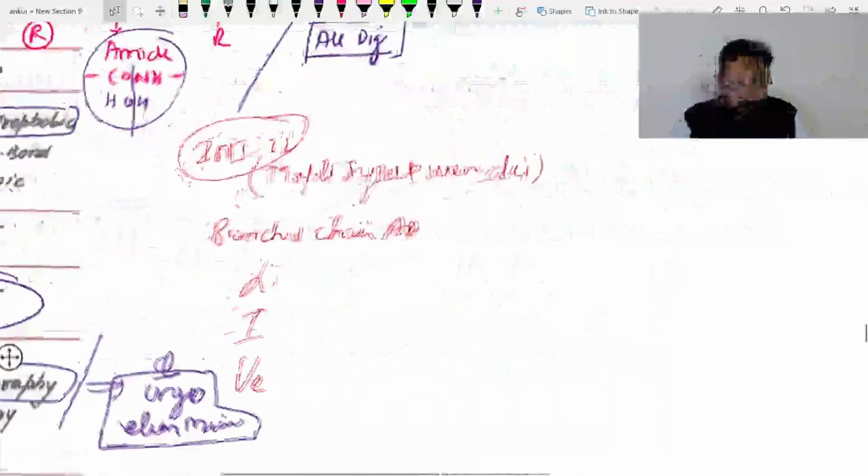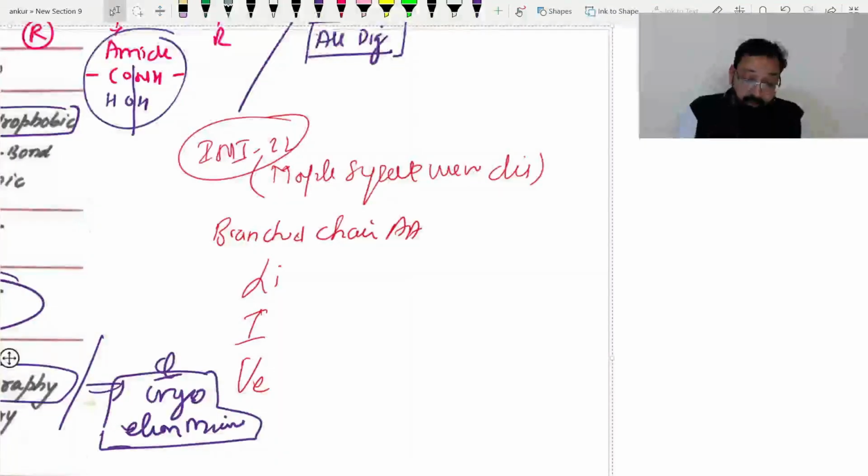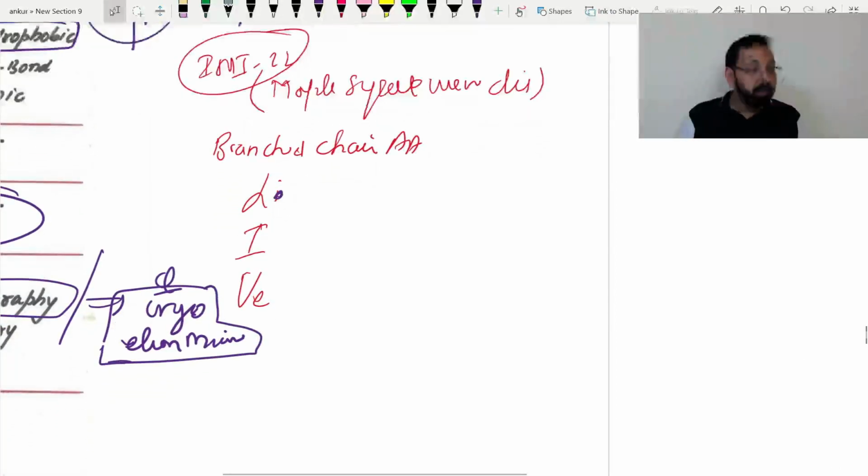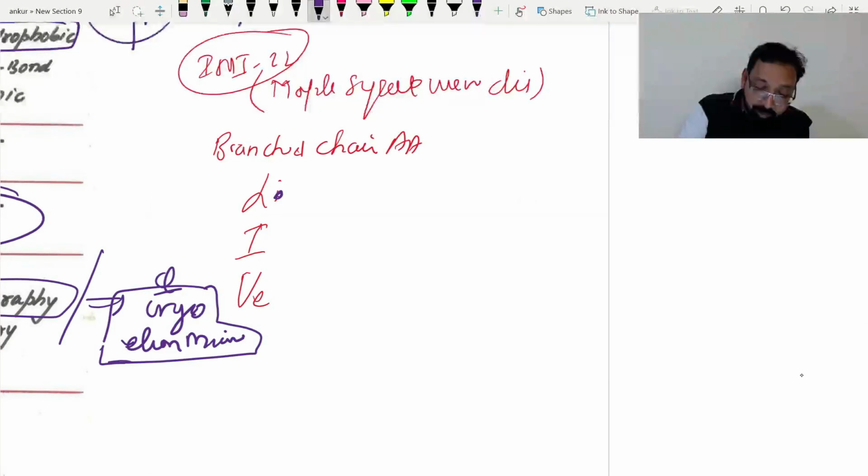Questions are asked. Now you know branch chain amino acids, three branch chain amino acids. Mnemonic is LIV. L for leucine, I for isoleucine, V for valine. Leucine, isoleucine, and valine, these are three amino acids which have branch chain. Side chain is branched.